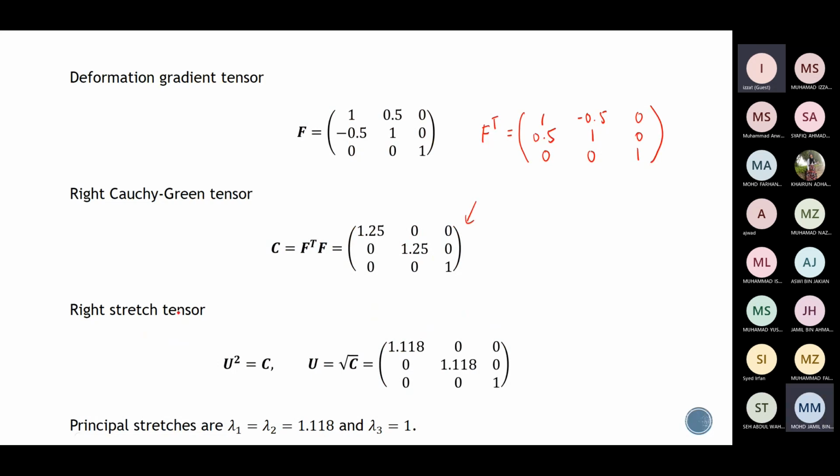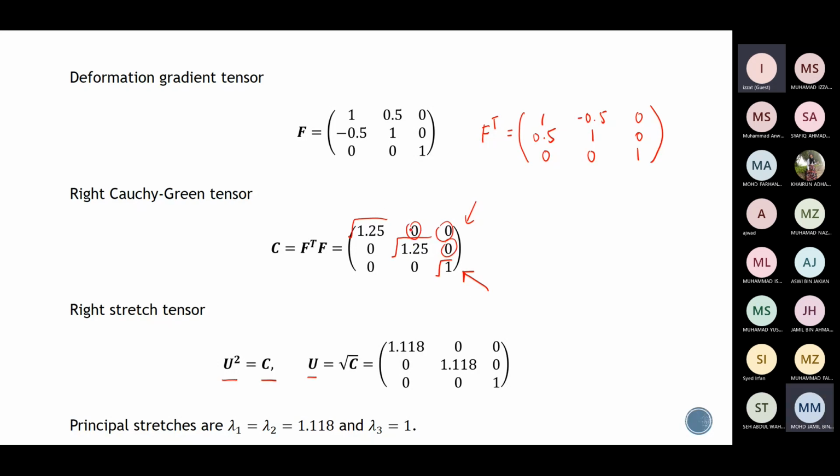And then the right stretch tensor is just U squared equals C. So U equals square root of C. To find the square root of C, you just simply square root all of the diagonal. But if you have non-diagonal elements with values, then you need to find eigenvectors and eigenvalues. In your exam, you will end up with diagonal elements.